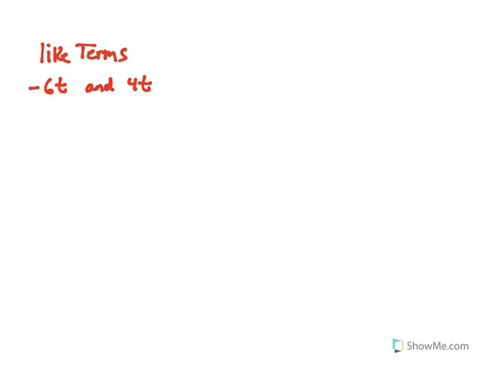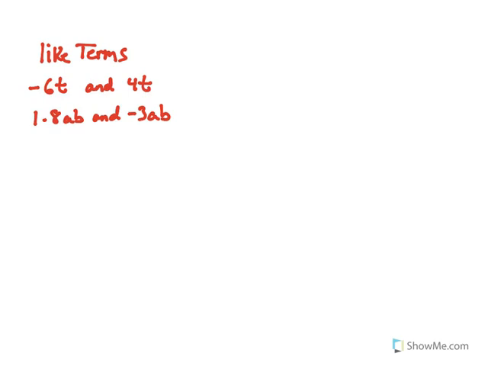Another example would be 1.8ab and -3ab. Even though the numbers are different, they both have ab attached to those numbers, so those are called like terms.